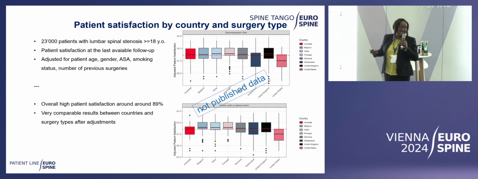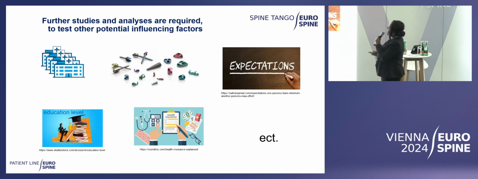So the more data we collect for our patients and about the surgeries, the more results we're able to produce, and those results will eventually get validated because you've got volume of data with patient outcomes, and we find a way to measure that. Okay, so there are further studies and analyses that are required for us to test potential influencing factors, and these things are also collected.